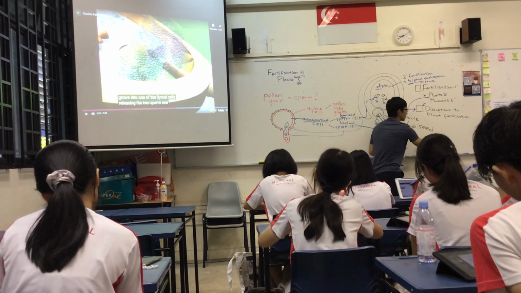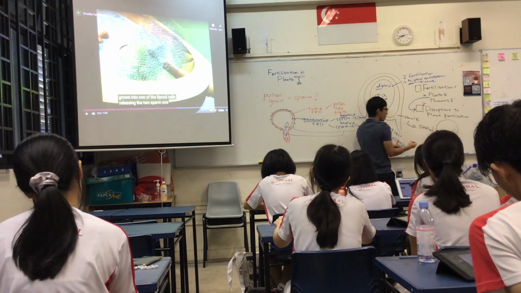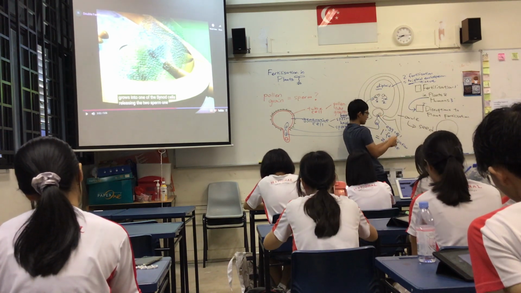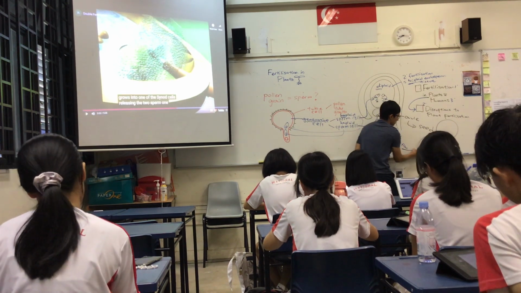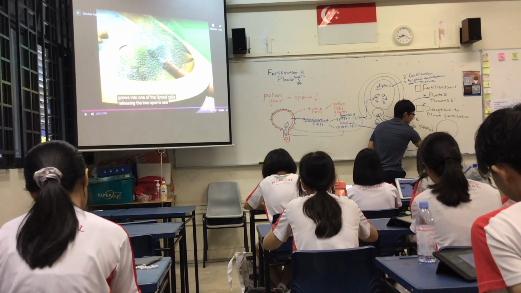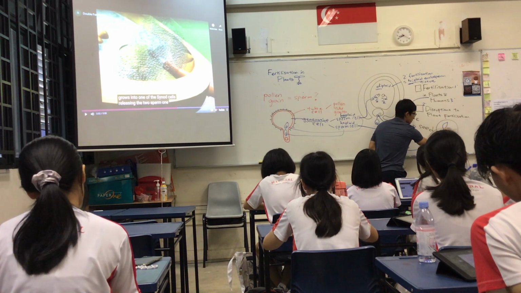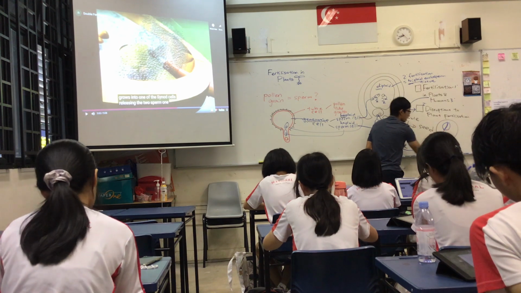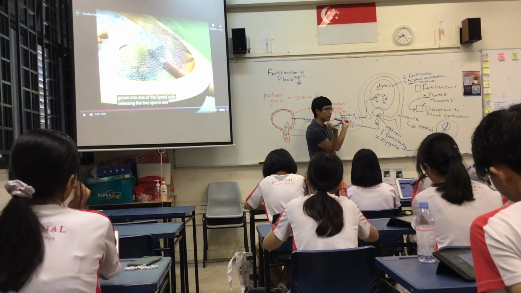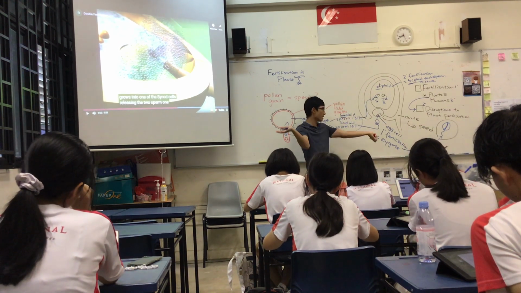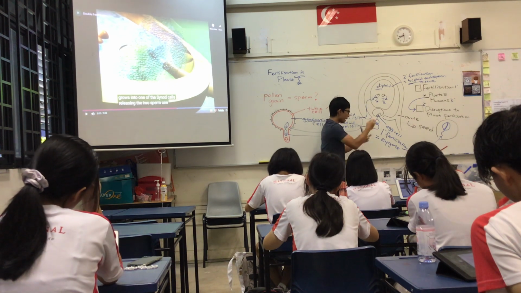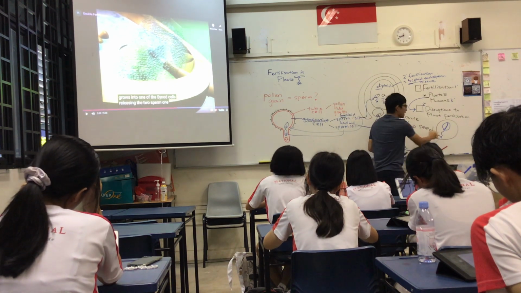Inside this seed, you will find the zygote. So you should find a baby plant. Here I have a baby plant. The leaves are wrapped up, haven't sprouted out yet. So that's the baby plant. At the same time, notice the seed is on its own.